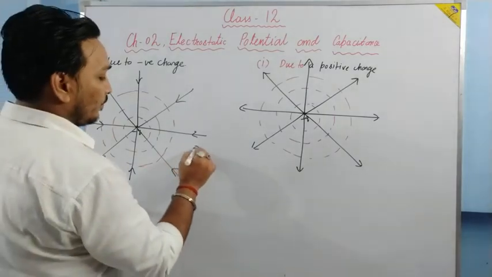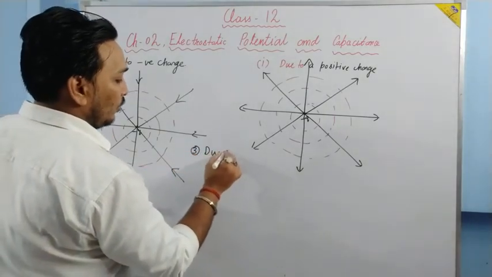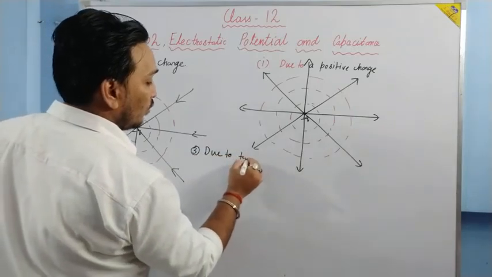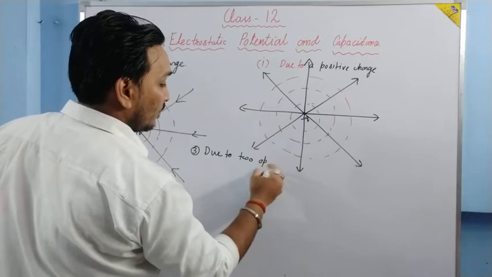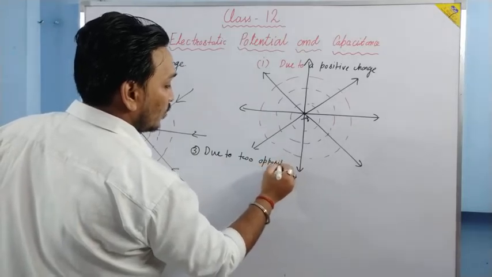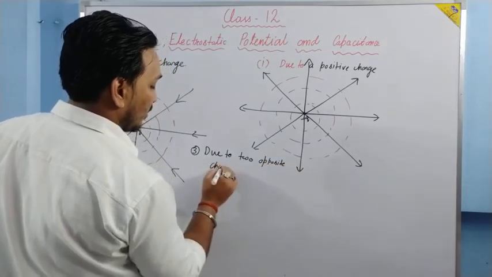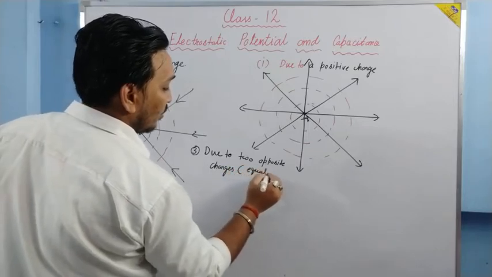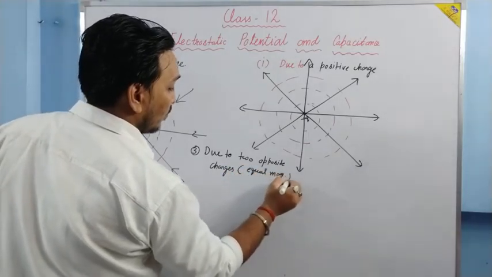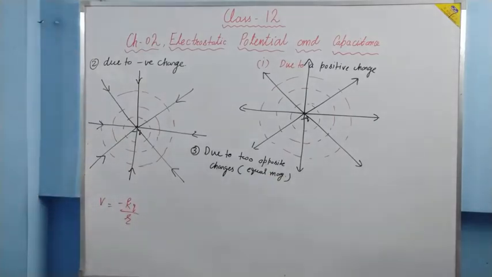Third one, due to two opposite charges of equal magnitude. Okay. Now suppose there are two charges which are opposite.